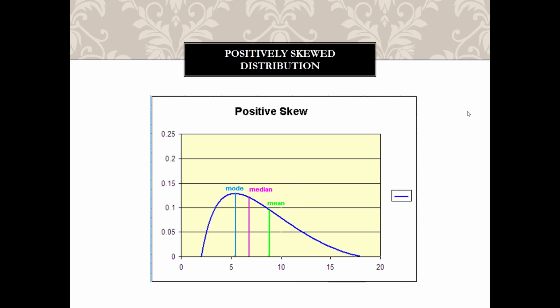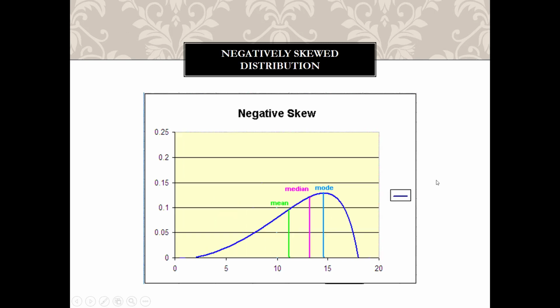And a positively skewed distribution is defined as an asymmetric distribution of the data with a disproportionate number of cases with a low value and the tail to the right. A negatively skewed distribution is also an asymmetrical distribution with a disproportionate number of cases with a higher value. So the tail is to the left.